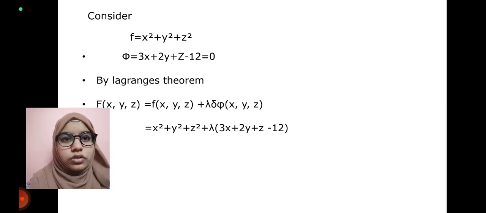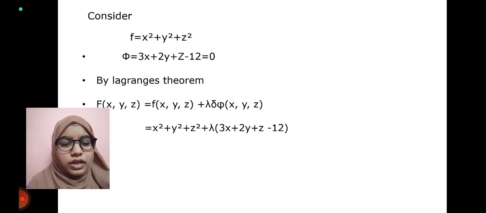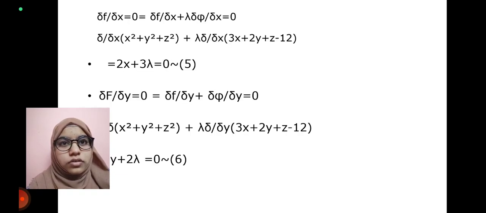We substitute f of x, y, z and phi of x, y, z in Lagrange's theorem. We get this equation. Next, we find the partial derivative, first with respect to x, next y, and then z.